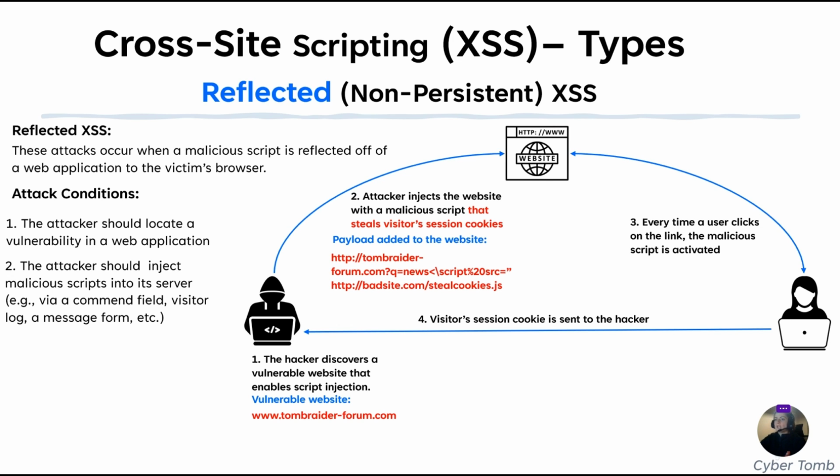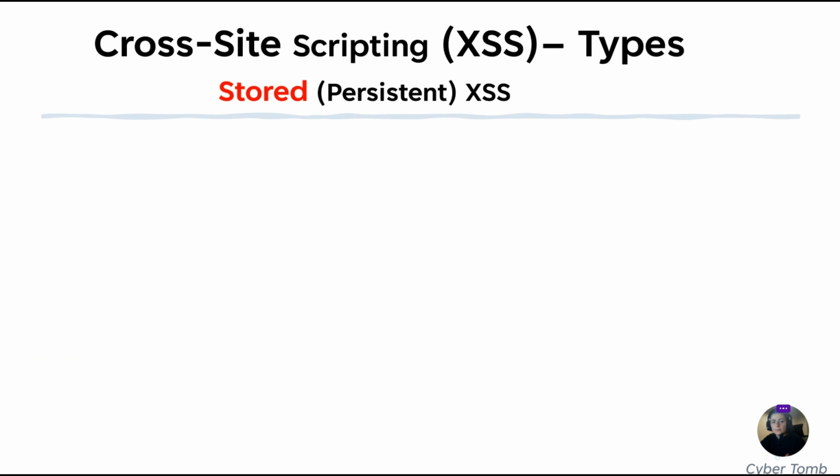The attacker should inject malicious scripts into its server, for example, via comment field, visitor log or message forum, etc. And then the attacker must deliver the payload to the victim. It can be via phishing or any other type of social engineering, but the attacker should deliver the payload. Okay.